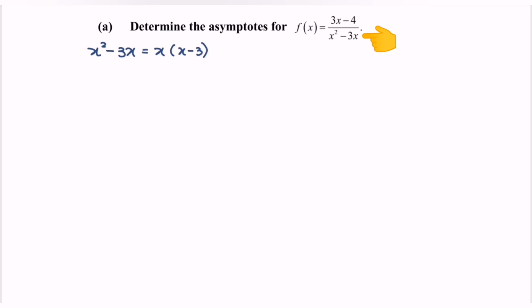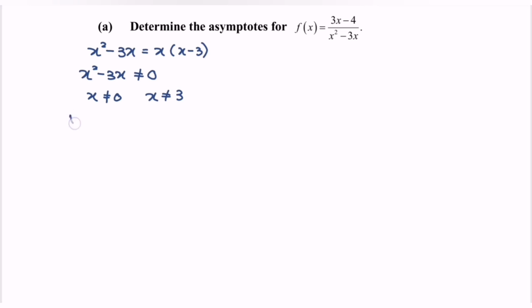By referring to this part, we can see that x squared - 3x cannot equal 0, because the situation will become undefined. So x cannot equal 0, and x cannot equal 3. With this method, we can determine the vertical asymptote.